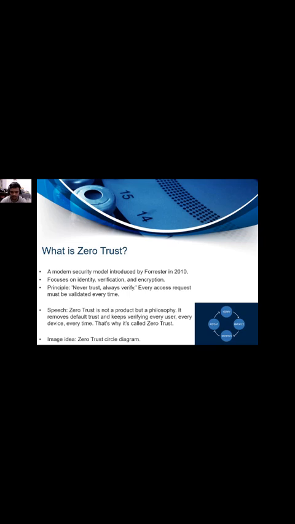What is zero trust? Zero trust is not a product or a single tool. It is a security philosophy introduced by a Forrester researcher in 2010. Its goal is to protect digital resources in an environment where users, devices, and data are distributed everywhere. Zero trust means no one is trusted by default, not even people inside the network.